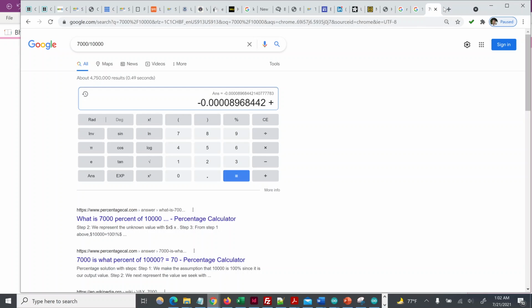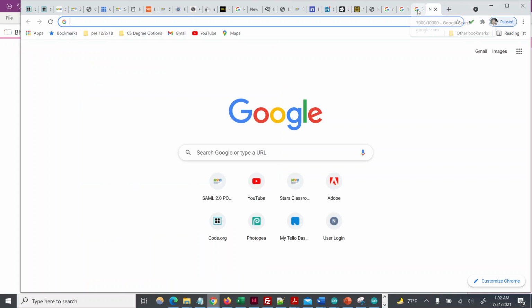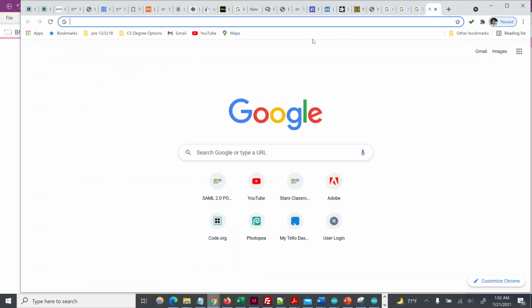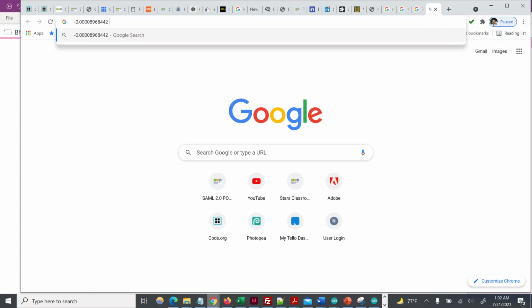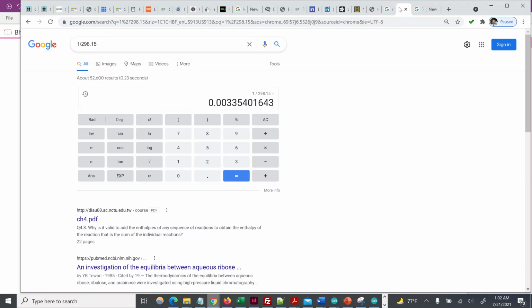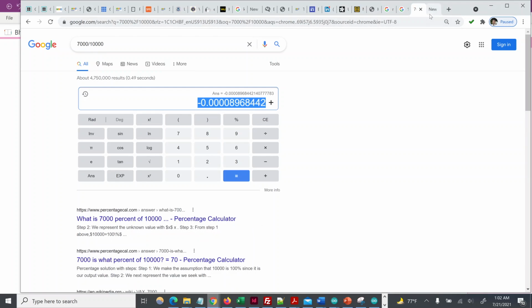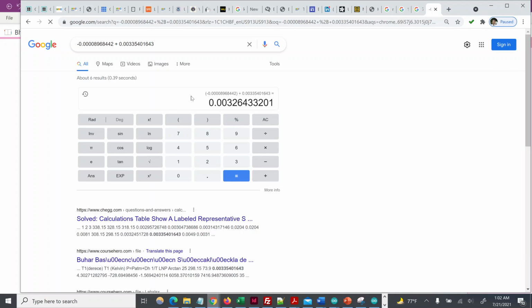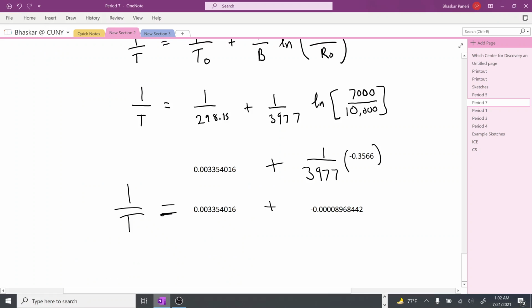So let me do this separately. Let's copy this, plus this big number. Okay, I've got this big number here. I'll copy it and go back to my notepad.